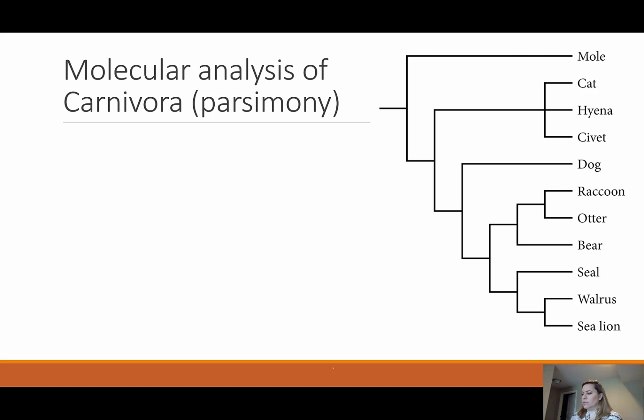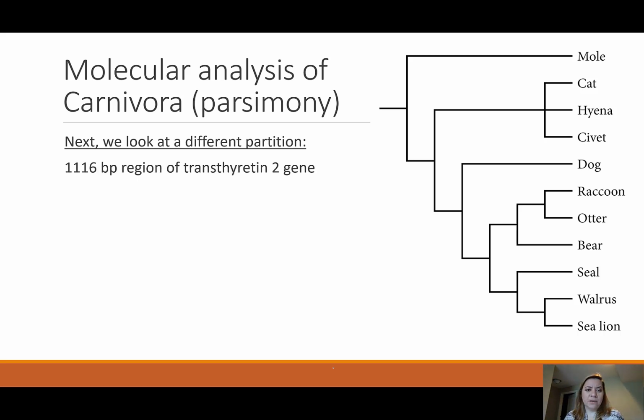Now, let's say that we do a molecular analysis of the same group. This is what we're going to get, and we are going to also use a strict consensus. So this is a different partition. We have based this analysis on DNA, and we've used this weird gene called transthyretin 2, and there's 1,116 base pairs.